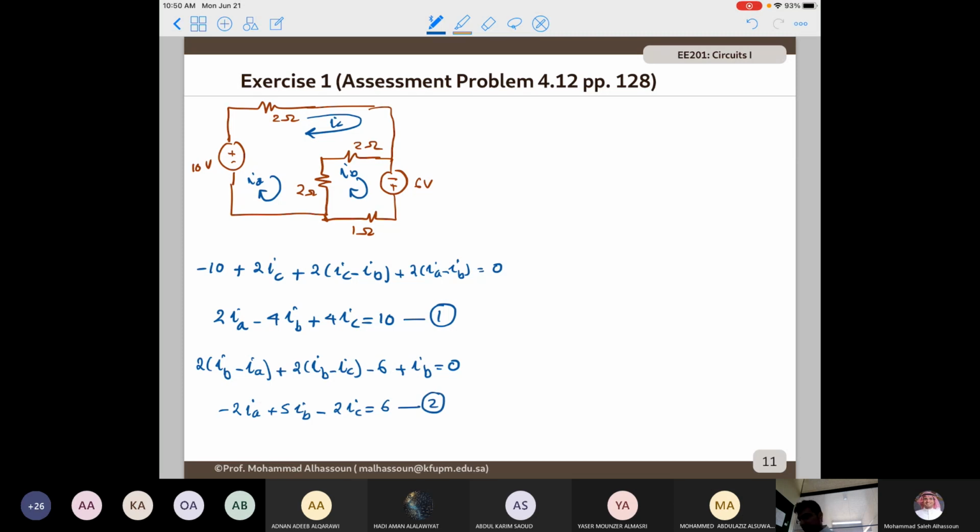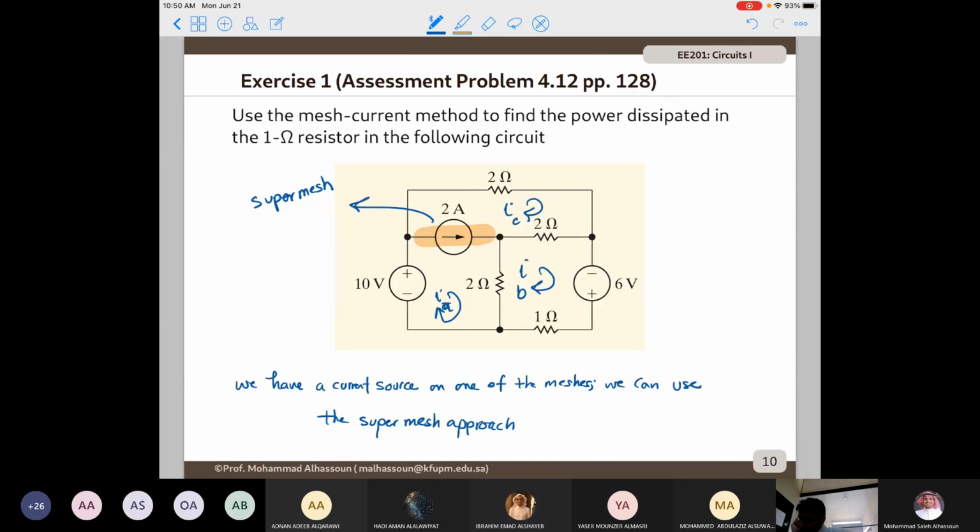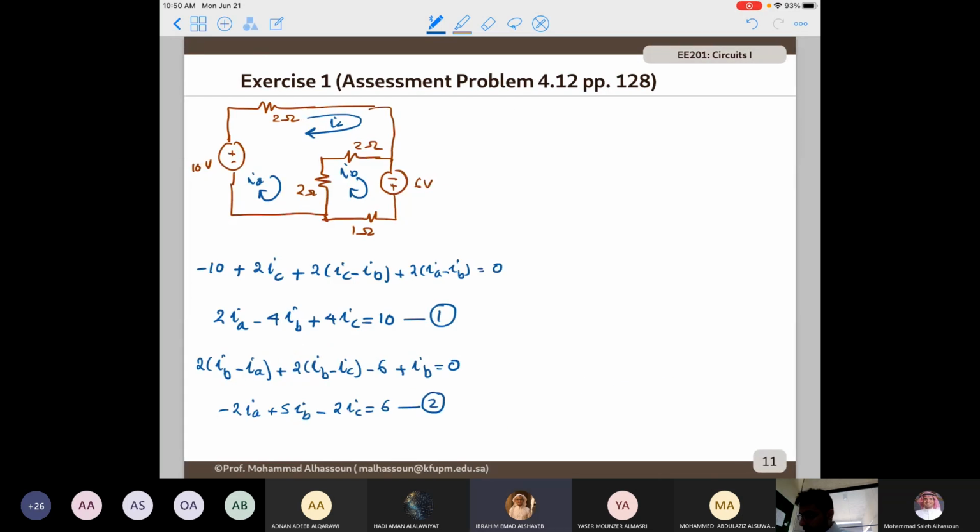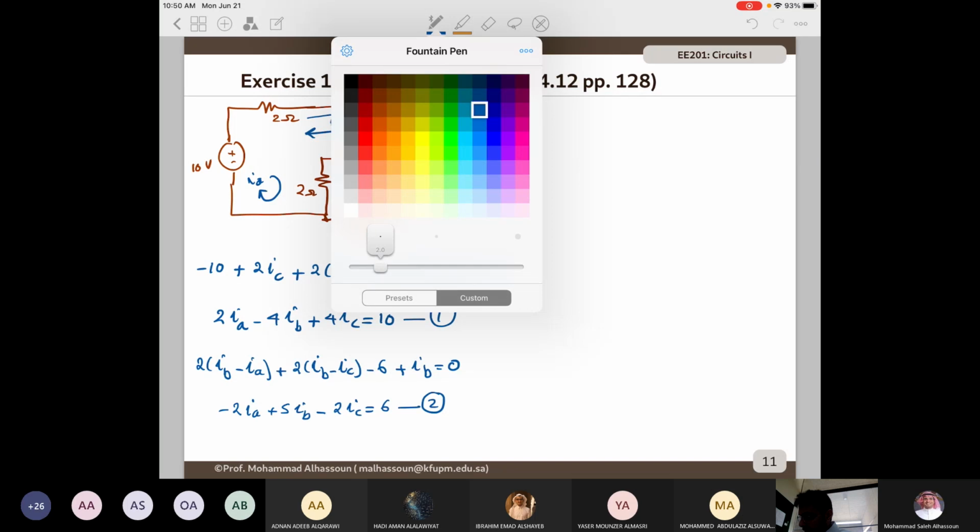Ibrahim, the third equation. Can you go back to the original? IA equals 2 plus IC, exactly.